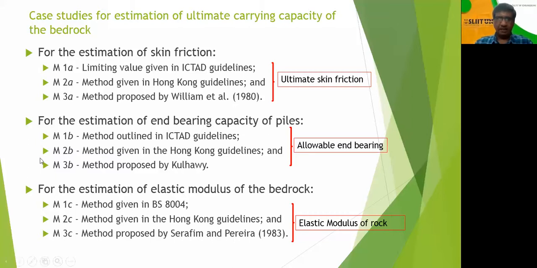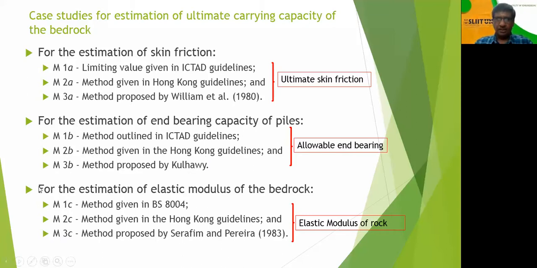Method 1B is what is outlined in the ICTAD guidelines, and method 2B is the method given in the Hong Kong guidelines that uses the RMR value to determine the end bearing. Method 3B is what is proposed by Kulhar, another method proposed by a researcher. So we compare that as well.